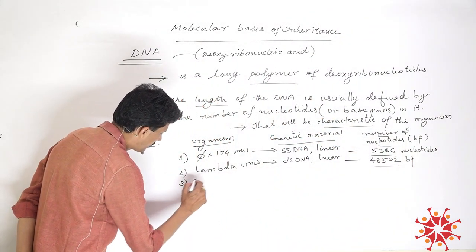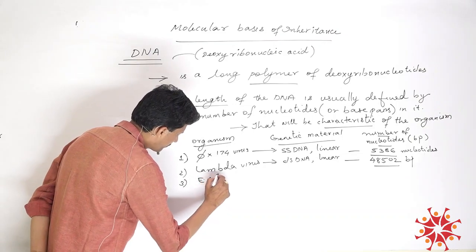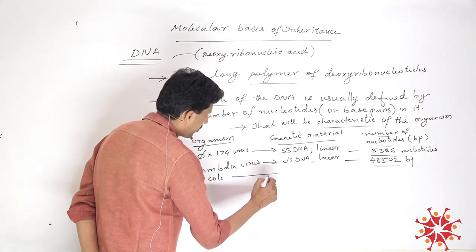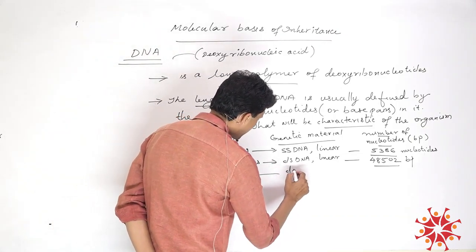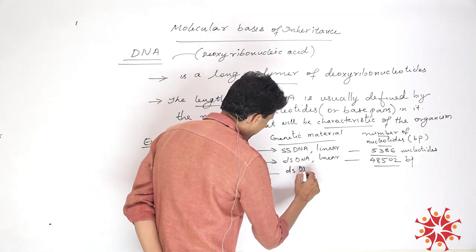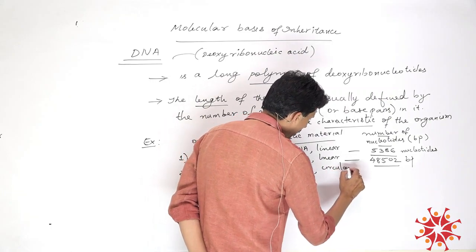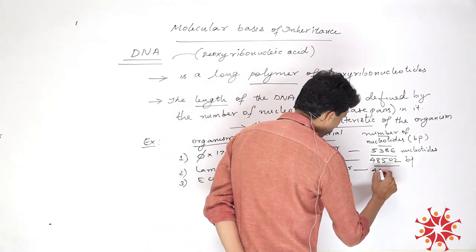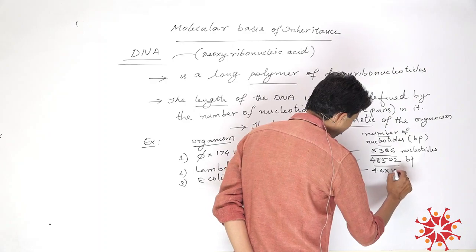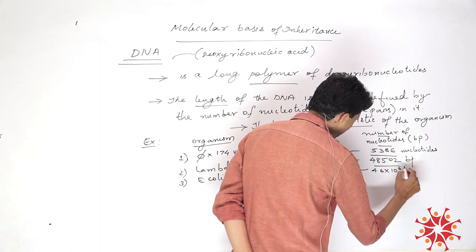Then you have Escherichia coli. Escherichia coli has double-stranded DNA which is circular, and it has 4.6 into 10 to the power of 6 base pairs.